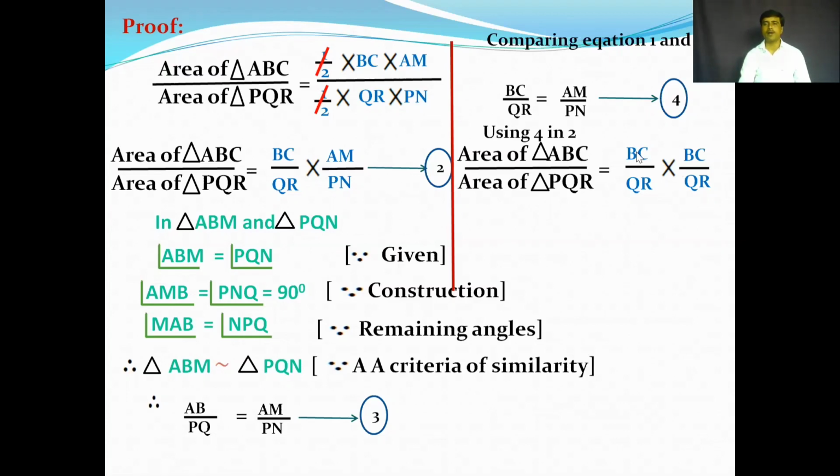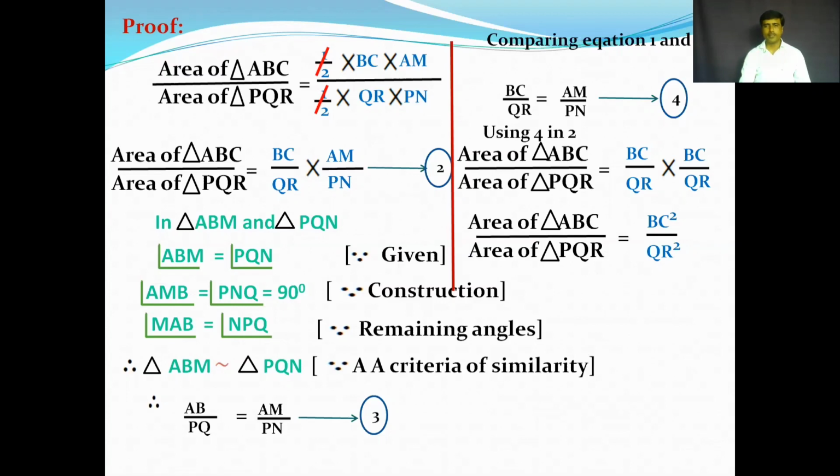Now the exponential form of BC into BC is BC square, and the exponential form of QR into QR is QR square. That is, area of triangle ABC divided by area of triangle PQR is equal to BC square by QR square. This is the proof of this theorem.